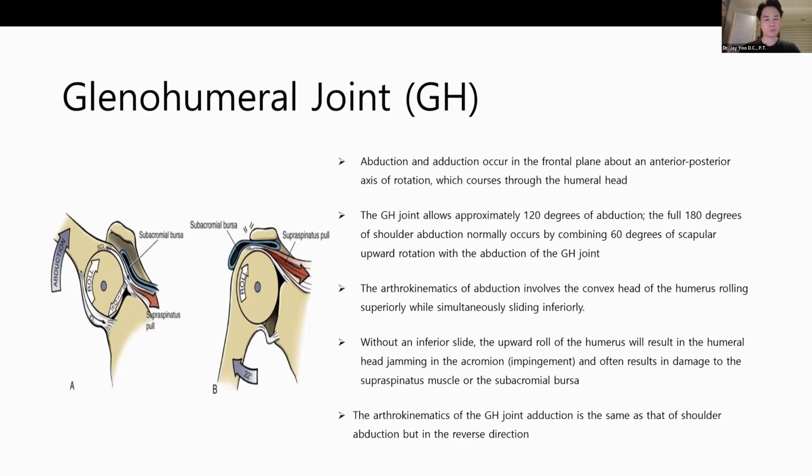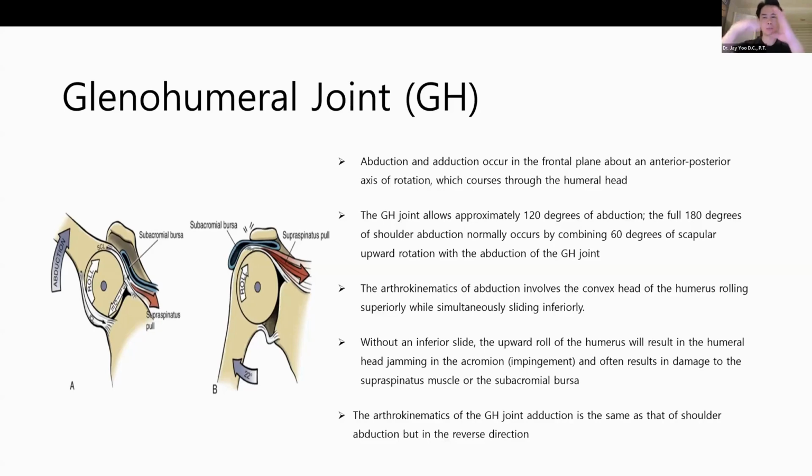The arthrokinetics of abduction involves the convex head of the humerus rolling superiorly while sliding inferiorly. So rolling superiorly and sliding inferiorly.